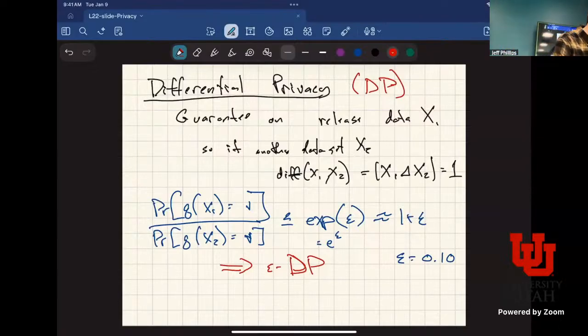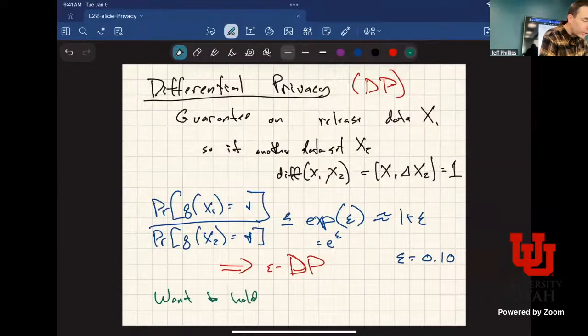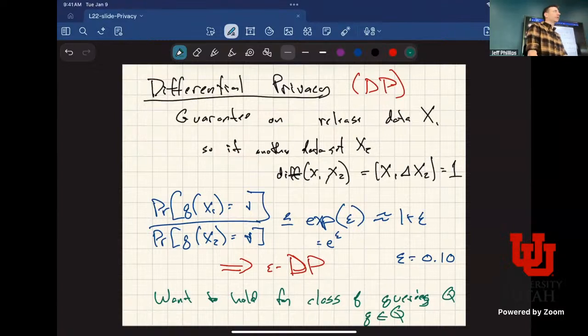I want this to hold for a class of queries Q, so I can ask a bunch of different types of questions, and for every question I ask, I have this property.